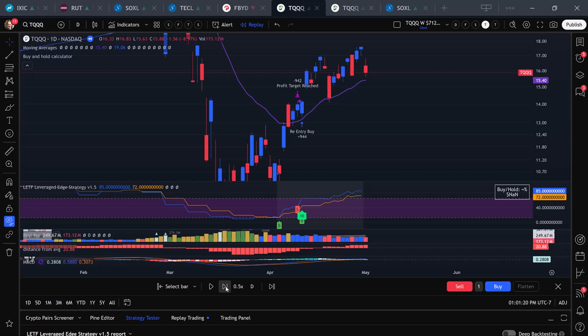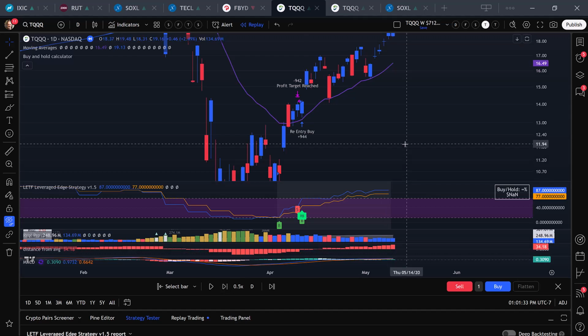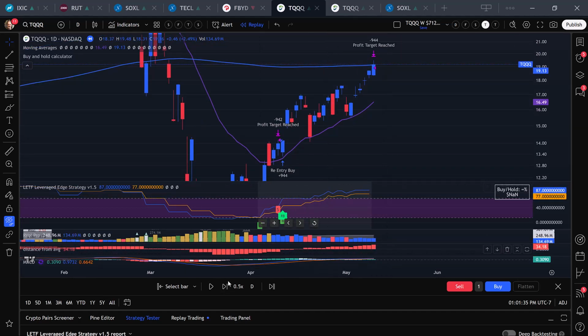Now, if for some reason you don't get a trade in at the end of the day, there's a couple of options. One is you can make your trade in after hours, or failing that, you can just do it at the open the following day.